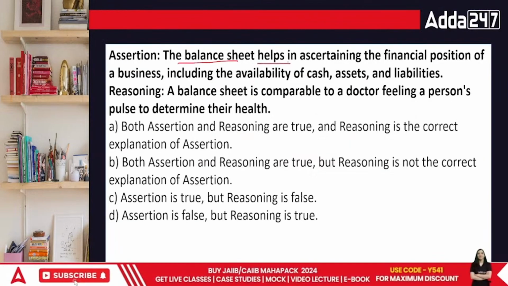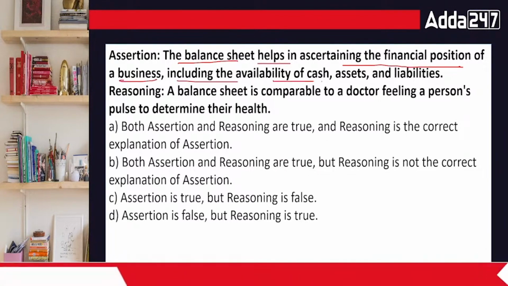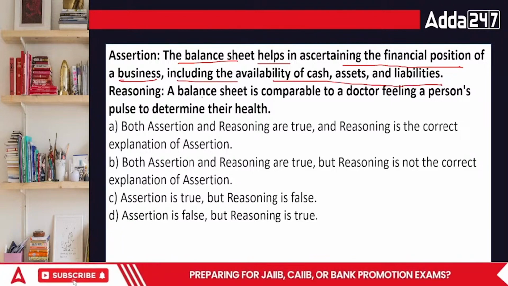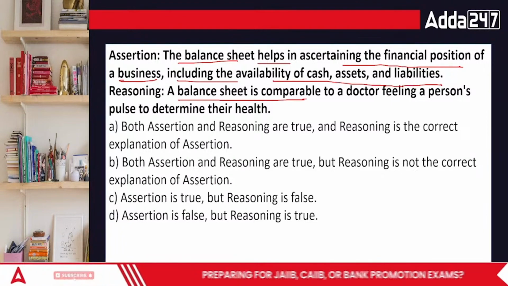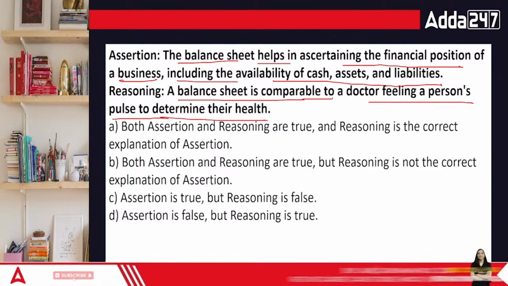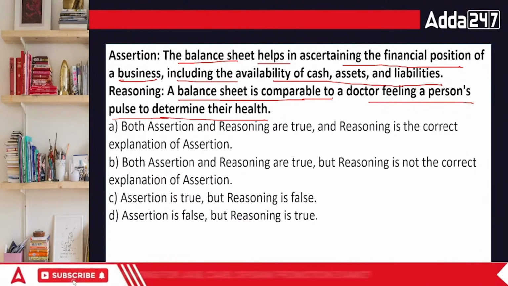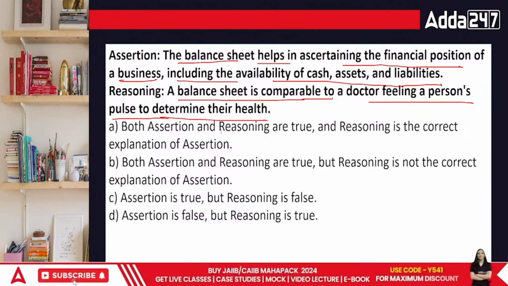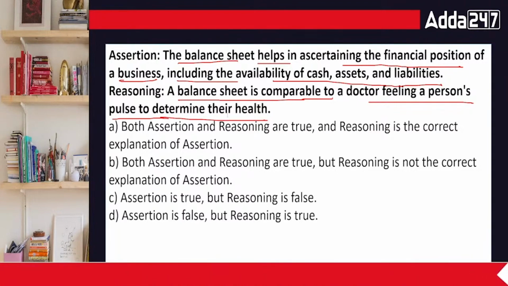The balance sheet helps in ascertaining the financial position of the business, including the availability of cash, assets, and liabilities. A balance sheet is comparable to a doctor feeling a person's pulse to determine their health. Basically, the balance sheet shows the true nature of the organization's position. What exactly is the position of the organization?